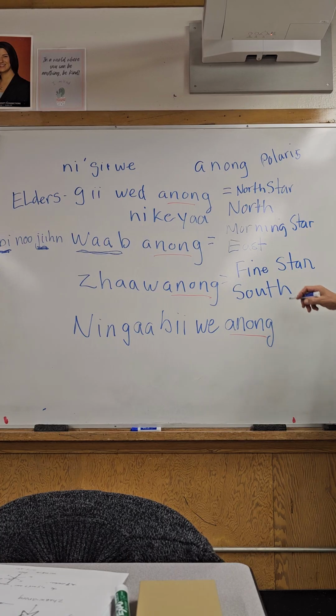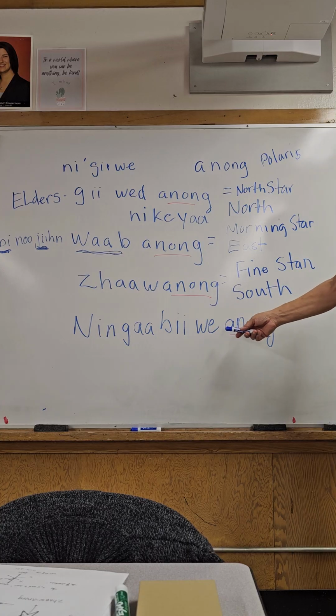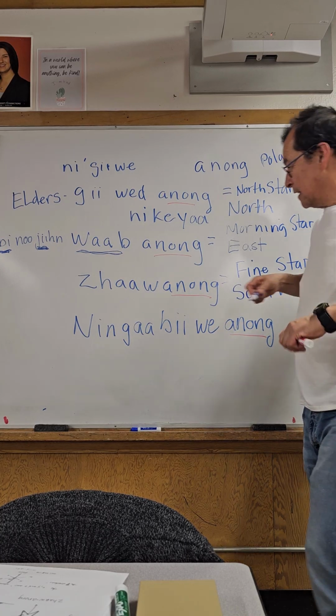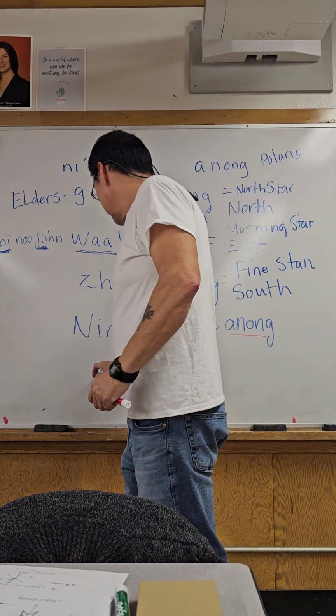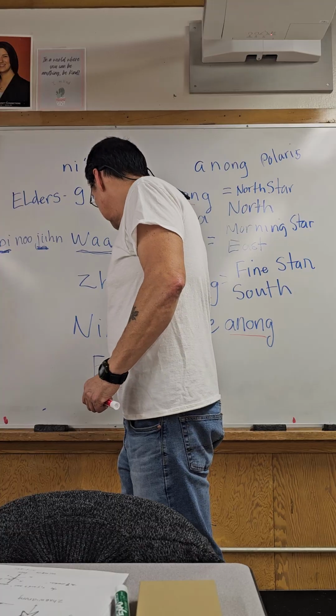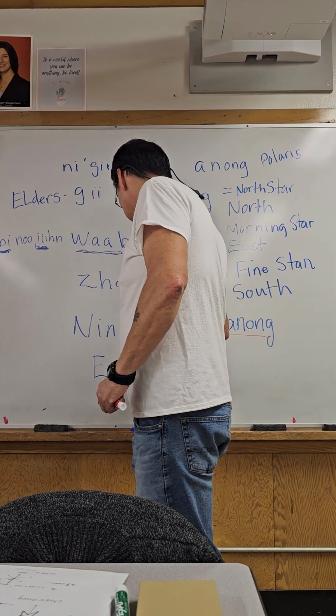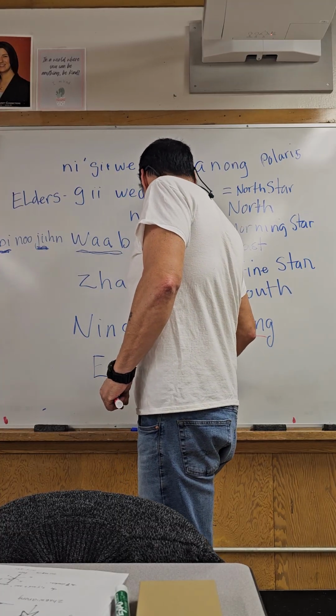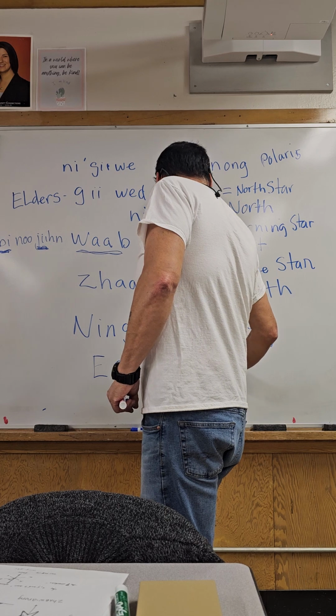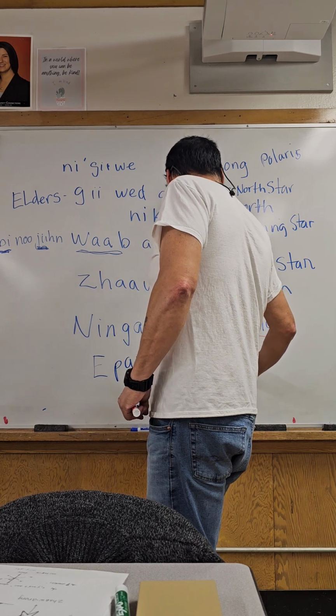Oh yeah, the star book. There is that Ojibwe constellation guide. And then Ningabiwe, or the other name.